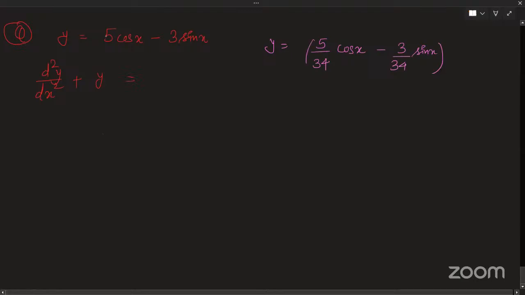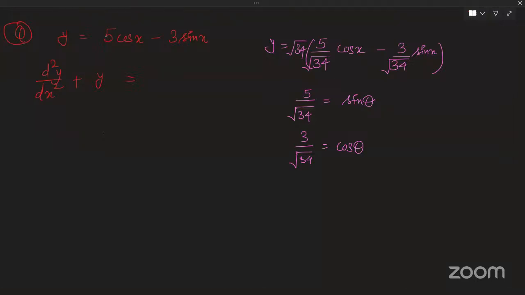Yes, what I do is I treat my 5 by square root 34 as some value sine of theta. So my 3 by square root of 34 will automatically become cos of theta, right? Because cos square theta plus sin square theta is 1. So 25 plus 9 is 34.